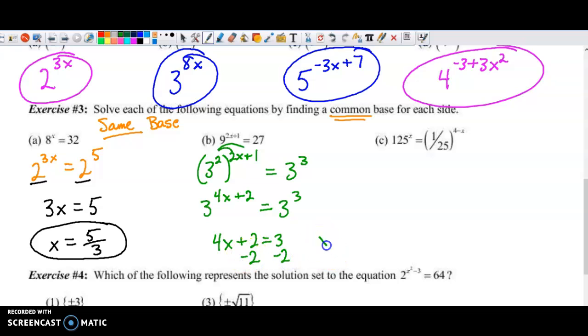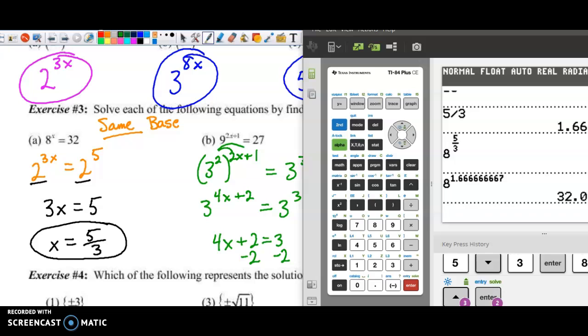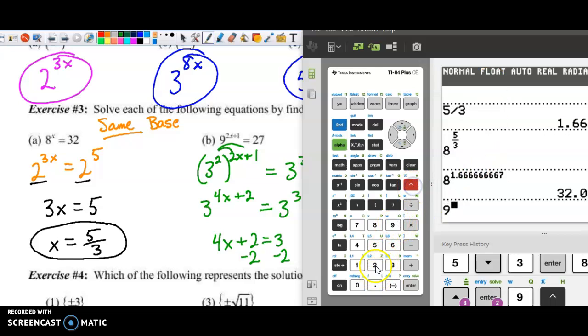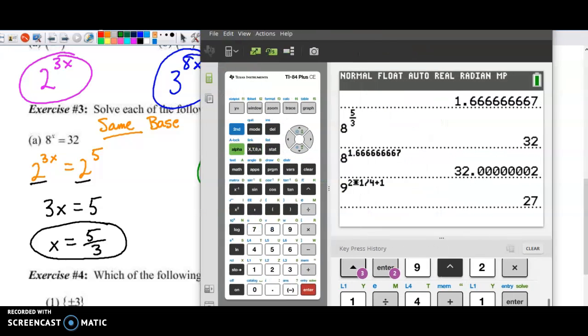Subtract 2 over. Kind of running out of room, but you know me, I'm going to leave this as a fraction, but that is 0.25. And you can check your work because I can type that into a calculator. 9 to the 2 times 1/4 plus 1 power gives me the correct answer of 27.